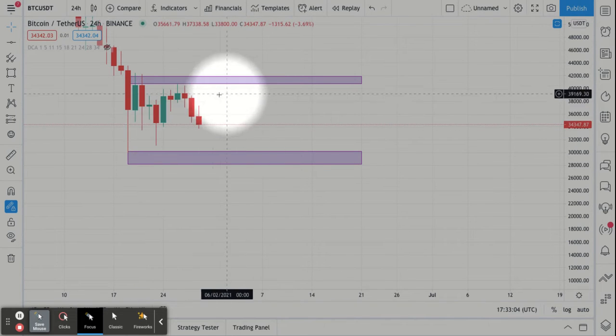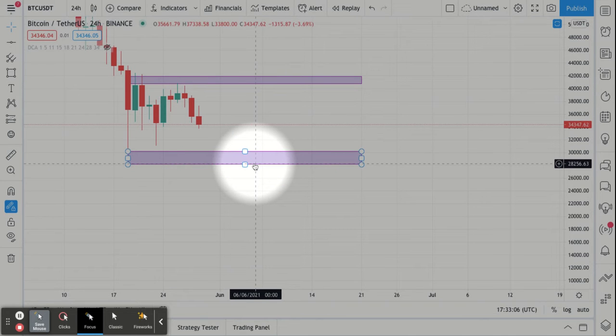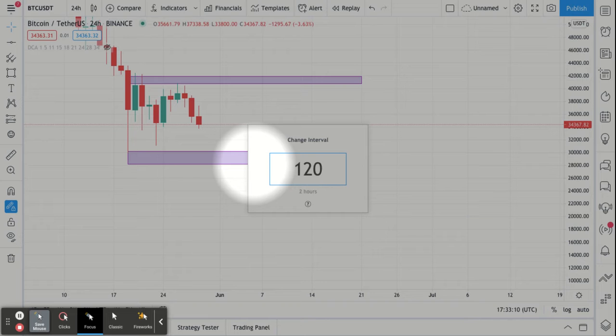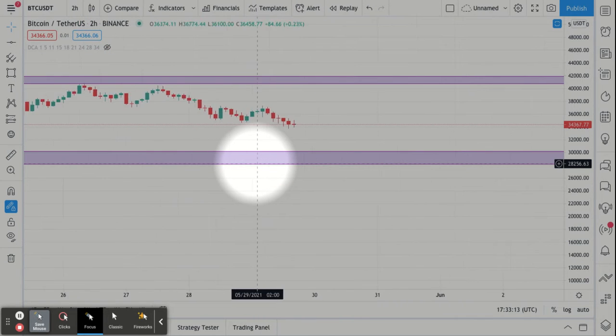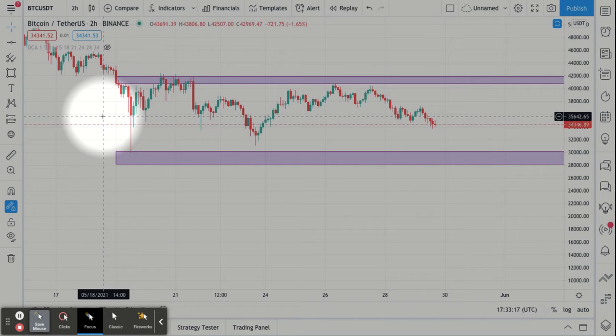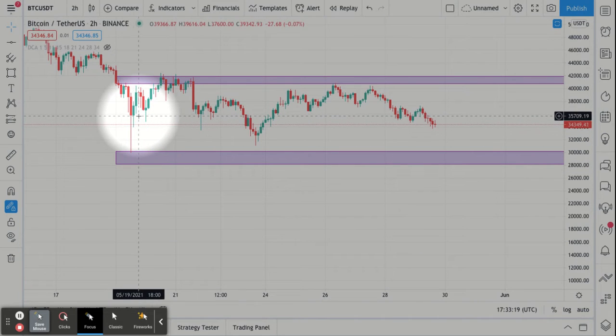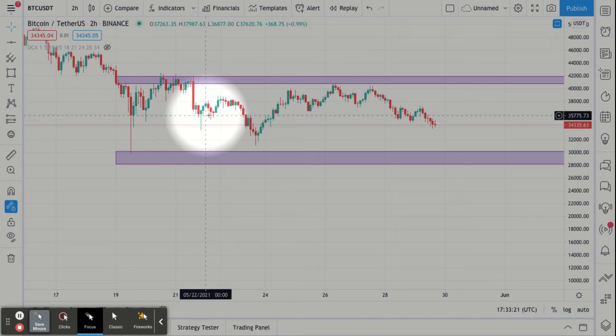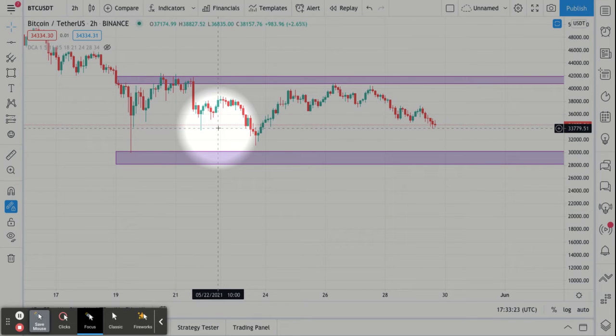Within this daily time frame, what you can start doing is you can start breaking it down. So if we go down to 2 hours, you're going to see that there's going to be some strong areas. So I would say this might be an area all the way down here.